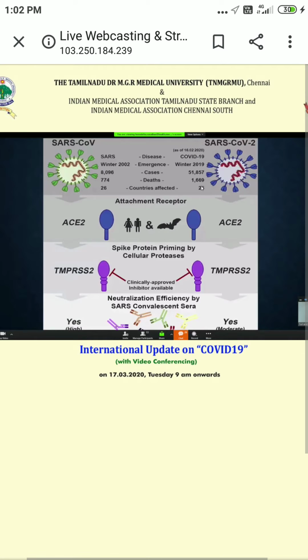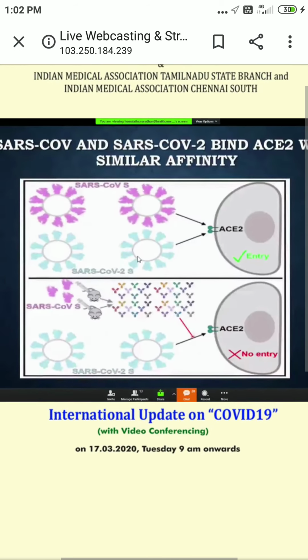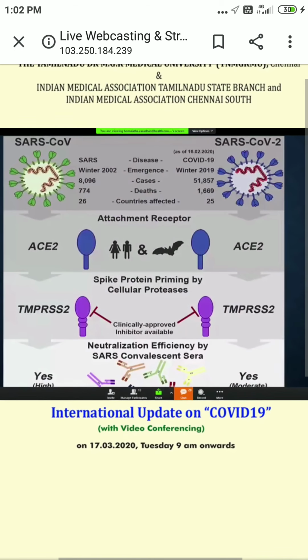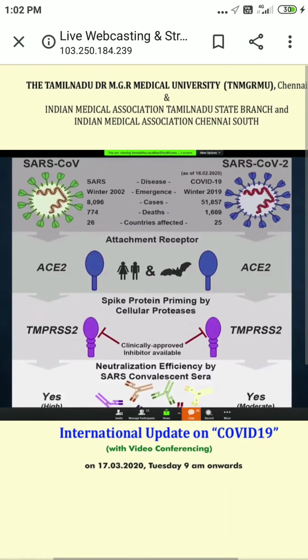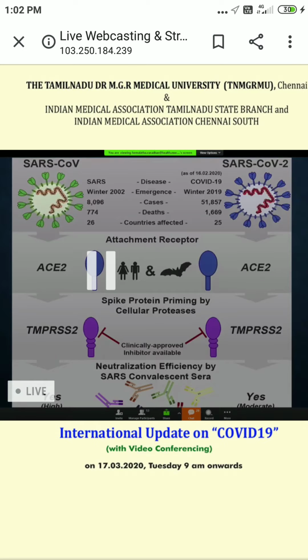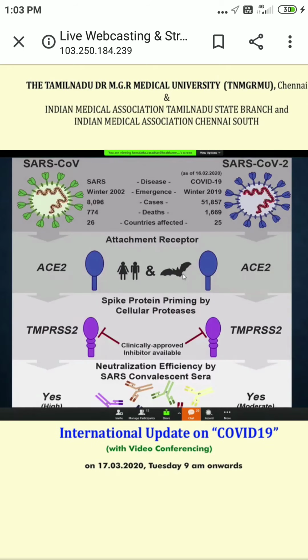That said, there are several similarities between SARS-CoV and SARS-CoV-2. Now, in terms of its pathogenesis, they both attach to what we call the angiotensin converting enzyme receptor 2. They both have similar affinities, and these receptors are present both in humans as well as in bats. Now, remember that the bat is actually a swimming pool or a reservoir of several heterogeneous populations of coronaviruses, right?